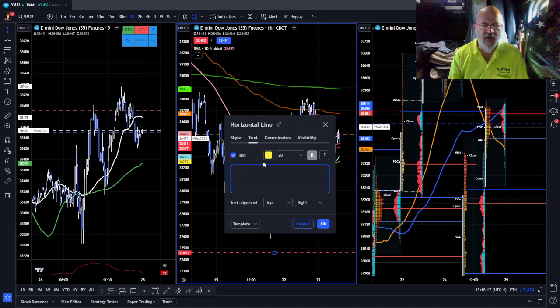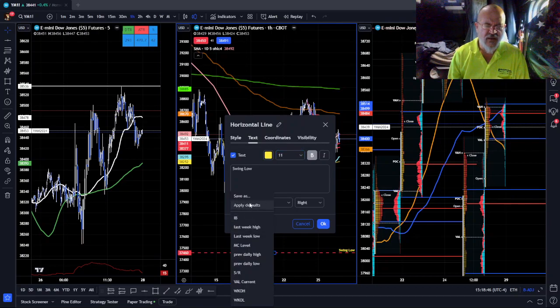I'm going to put on text for the top right to say swing low. We can move the text, make that text a little smaller. Don't really need it that big. And we'll keep the text yellow, nice, easy to read. And then we will save this as a template.